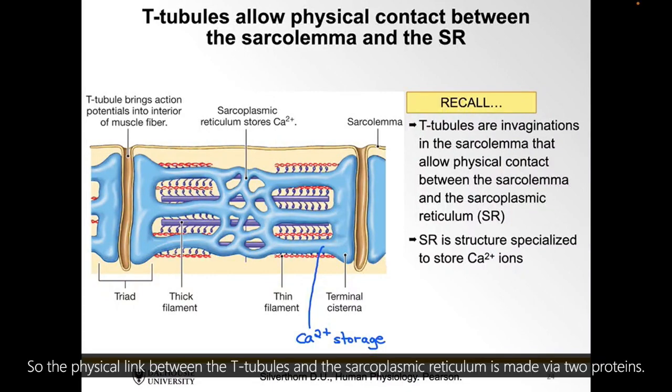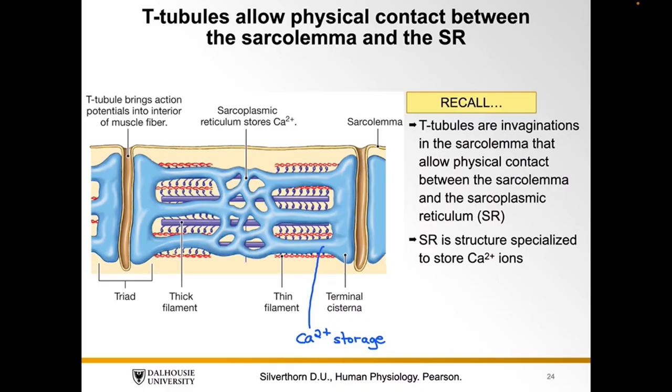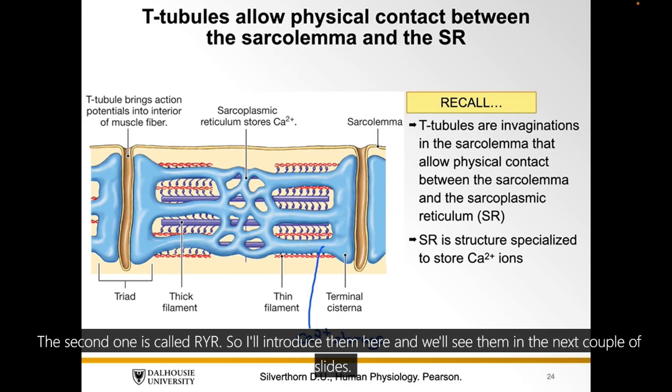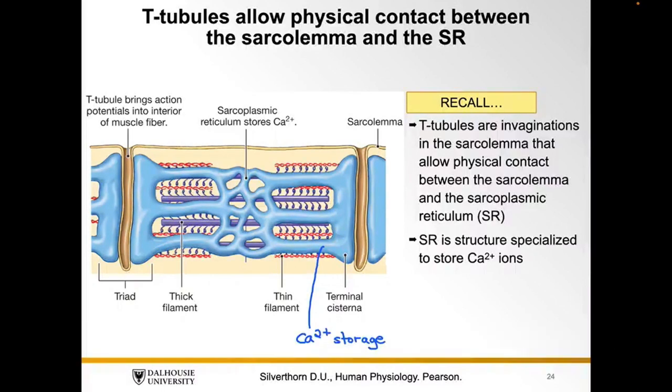So the physical link between the T-tubules and the sarcoplasmic reticulum is made via 2 proteins. The first one is called DHPR, the second one is called RYR. So I'll introduce them here and we'll see them in the next couple slides. The DHPR is part of the sarcolemma, so it's on the T-tubule.